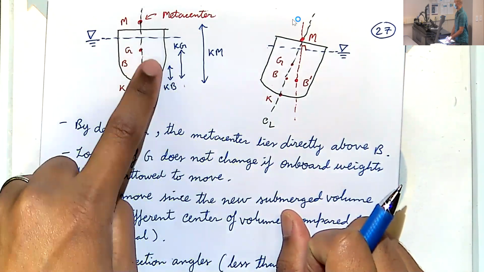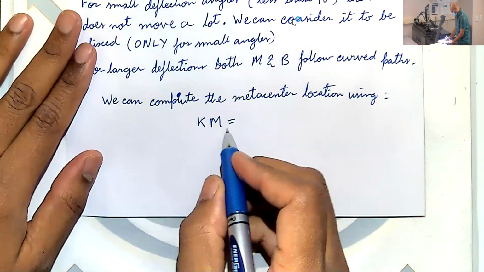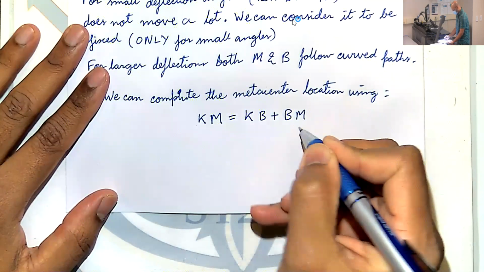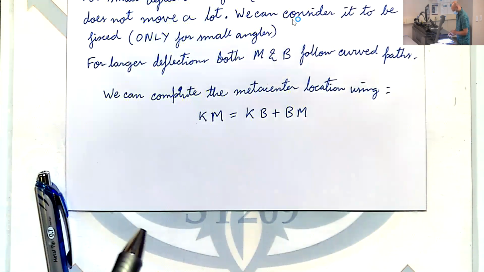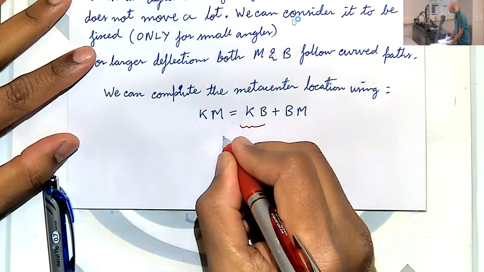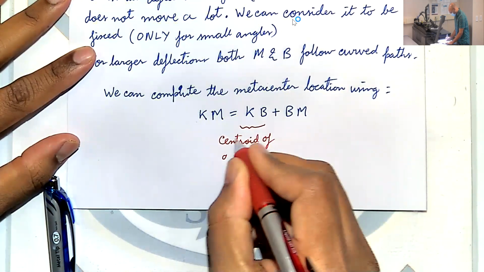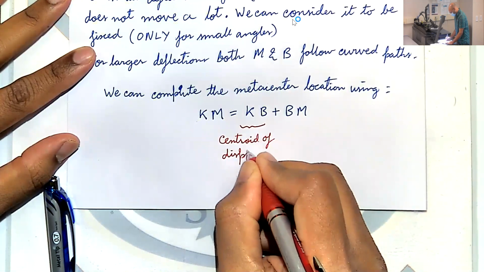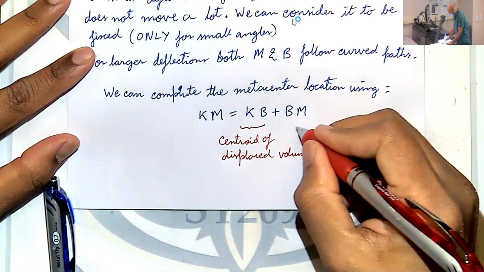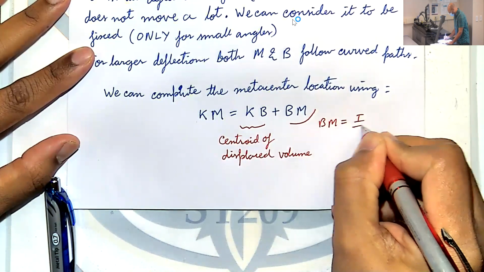BM, we have a very simple formula for computing BM. So KM is KB plus BM. KB is the centroid of the displaced volume. BM you compute using I over nabla.